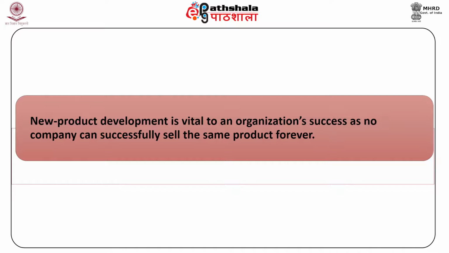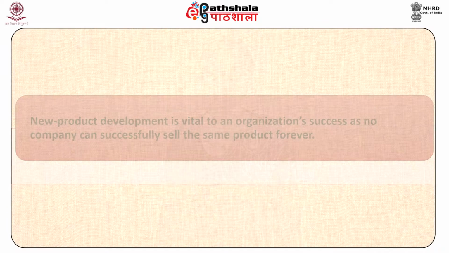However, increasing global competition and a weak economic growth worldwide have made this task harder. In such a business environment, innovate or die would be the appropriate strategy to stay and succeed in the market. New product development is vital to an organization's success as no company can successfully sell the same product forever.